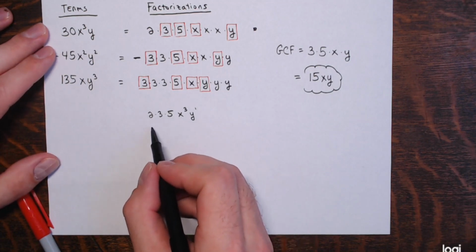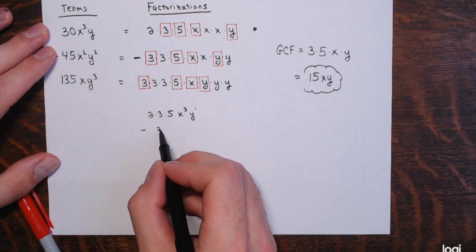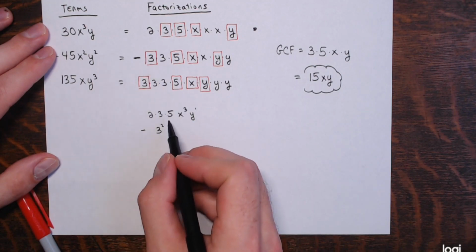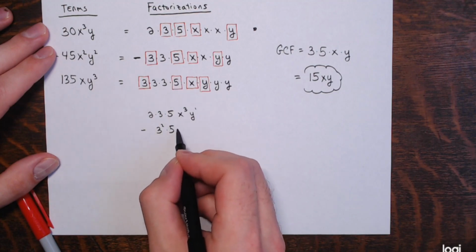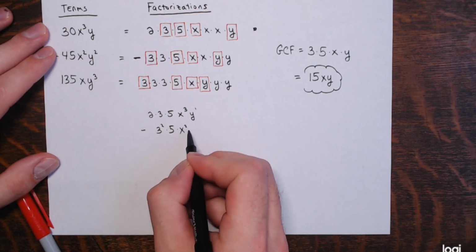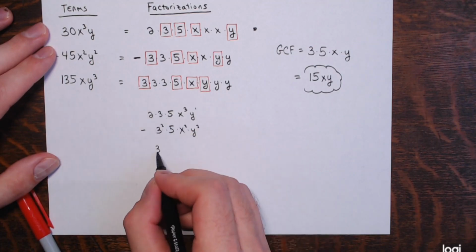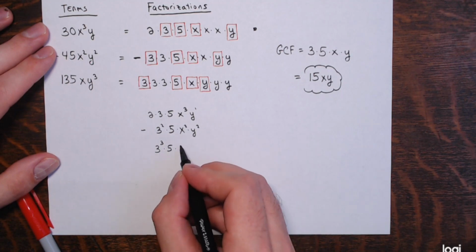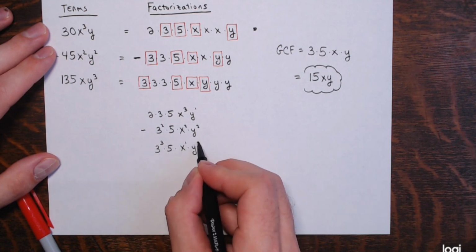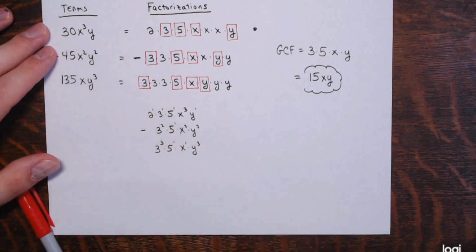Then the second term was negative, and then 3 times 3 is 3 squared, and times 5 to the first. Then you have times x squared times y squared. And then the third one is 3 cubed times 5 times x times y cubed, x to the first times y cubed. And I guess you can put the first power on everything without a power, right, if you want.